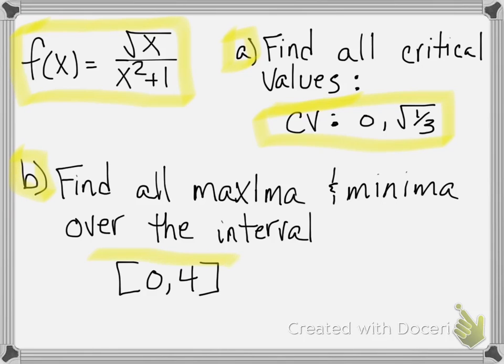All right, so to do that, we can do the first derivative test, or we just take the values that we found to be the critical values right up here, and we just make a little chart, and we also include the values for the endpoints.